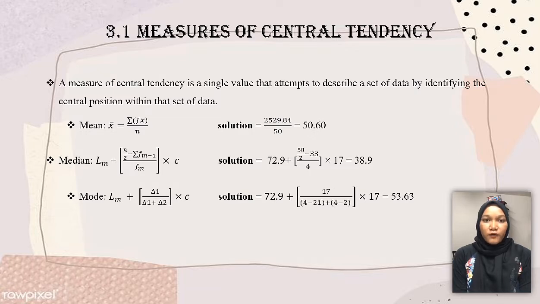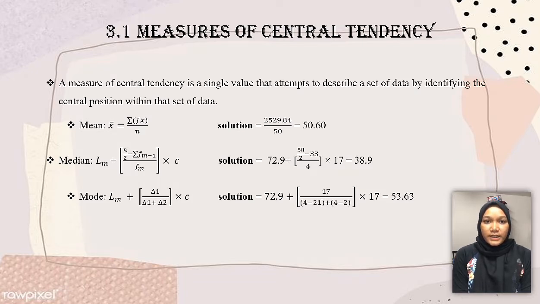The formula of mean is sigma of frequency times midpoint divided by the number of entries in the sample. Solution is 2529.84 divided by 50 equals 50.60. Next, median is the middle of the set of numbers.